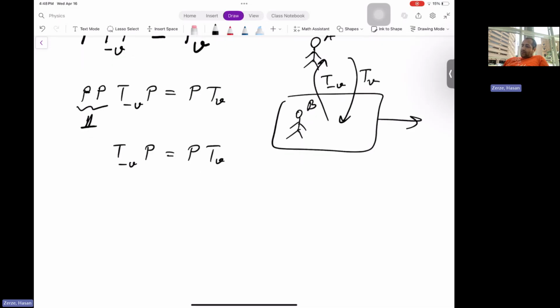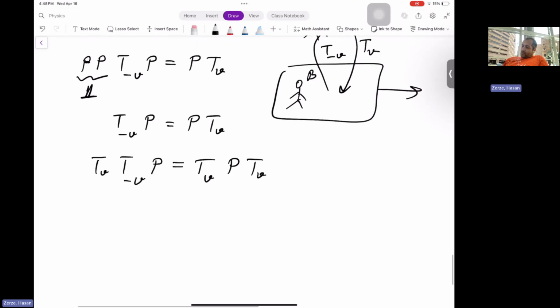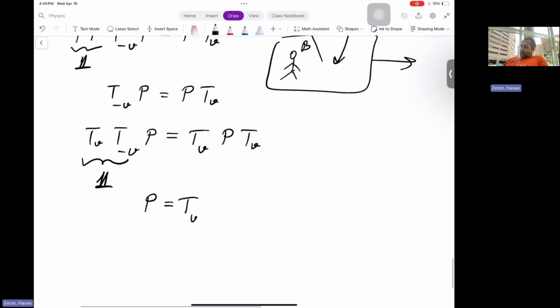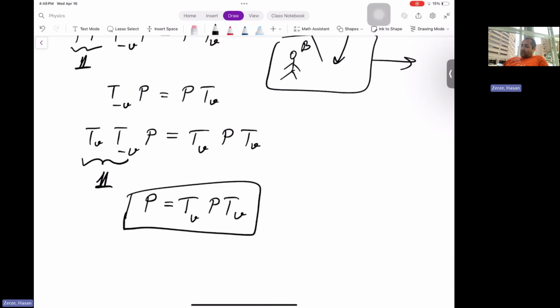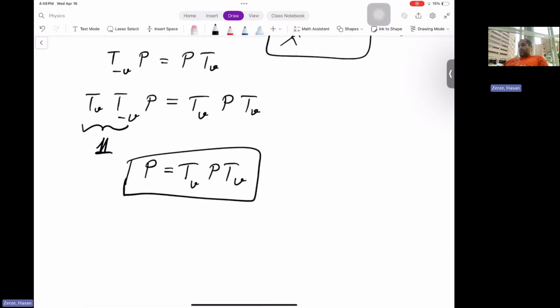And then if I apply the TV to both sides, since these are inverses to each other, this is 1. So I get parity is equal to TV P TV. Okay, so we're going to make use of this equation to get one more equation about the elements of the TV.